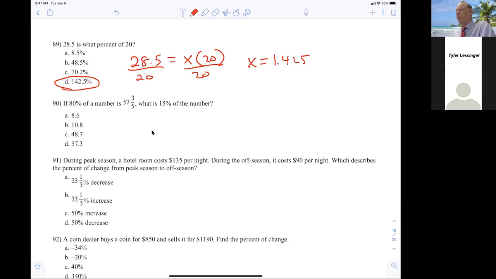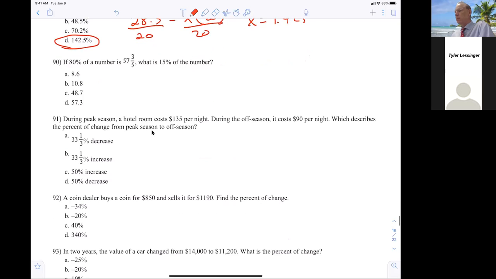All right. Here we go. So now, if 80%, I want everybody to write down 0.8 times x equals 57, and that's going to be, everybody divide 3 divided by 5. That should be 0.6, right? So that's 57.6, right? So divide by 0.8 for me. And somebody tell me what the number is. 72.